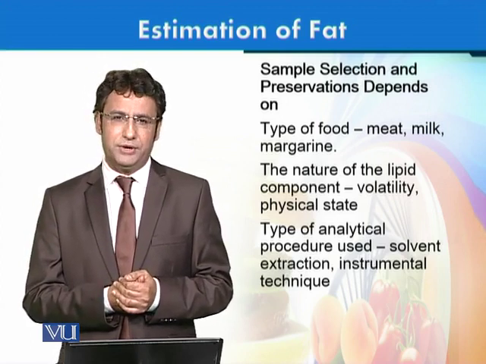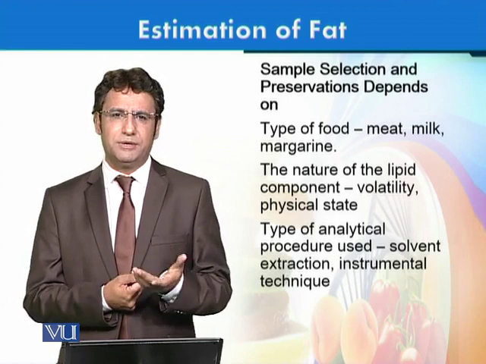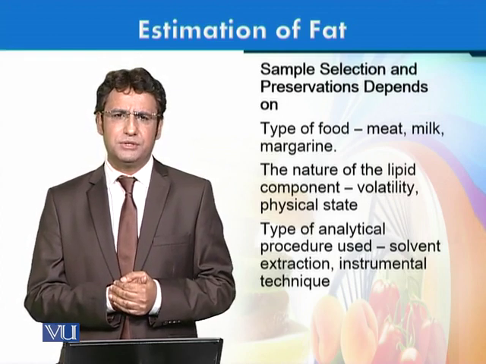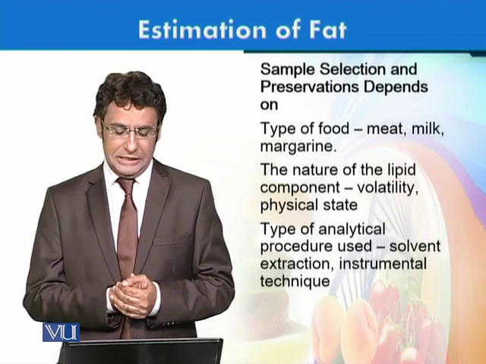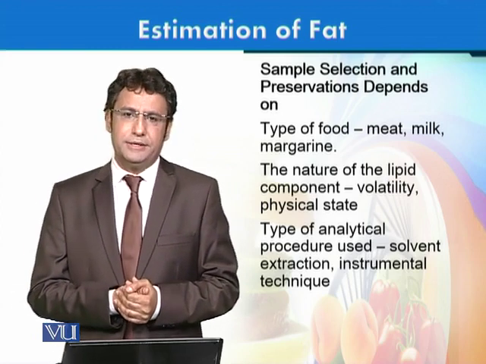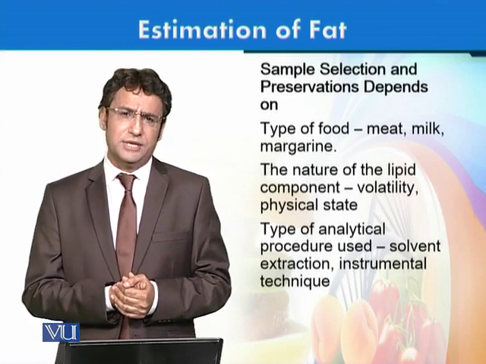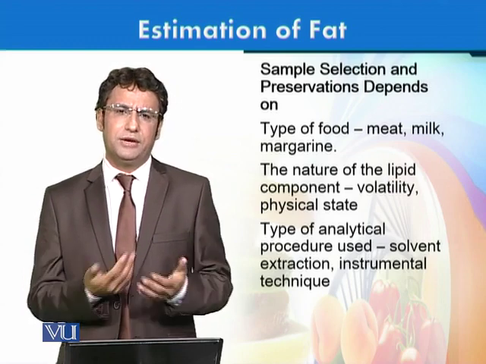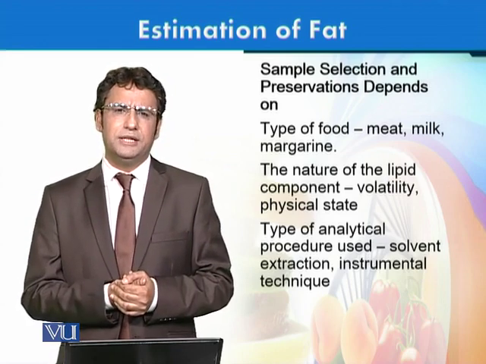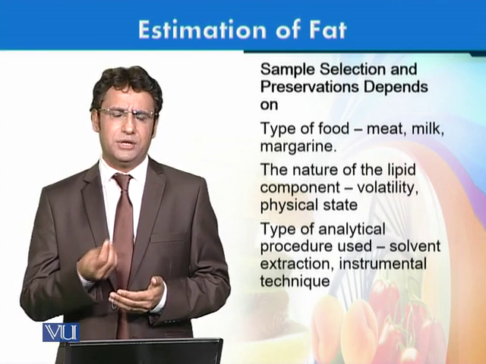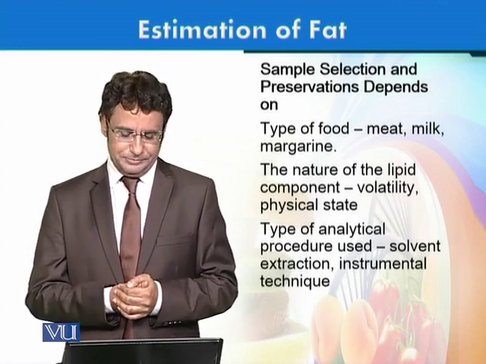So that would define what kind of sampling we need to do and what kind of preservation of that sample is needed. Similarly, other natures like volatility of the fat or the physical attributes of fat would also determine how we are going to draw a sample from food.